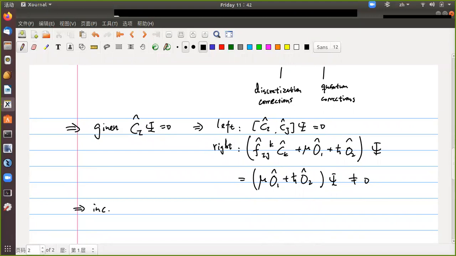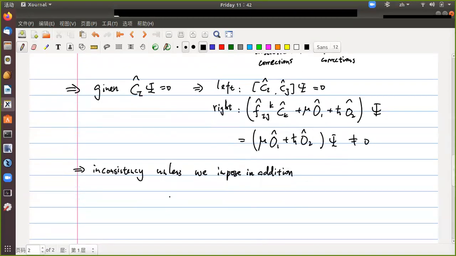So we get an inconsistency unless we impose in addition that O1 hat psi equals O2 hat psi equals 0.